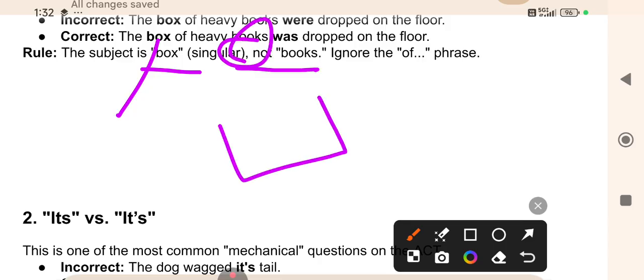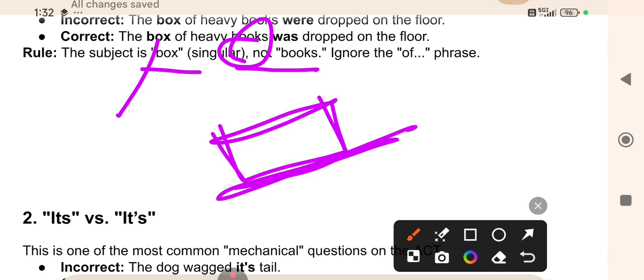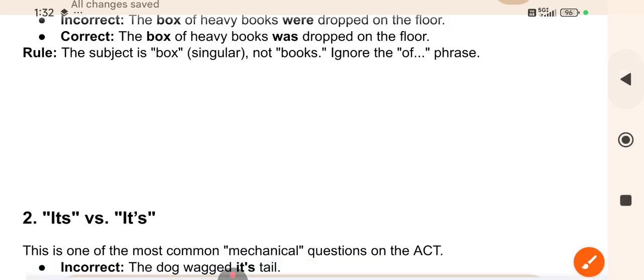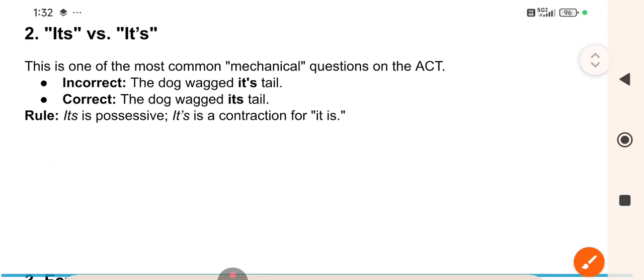But our subject is the box. Subject is the word which we are talking about or discussing. So here our subject is box, and that is why it will agree with a singular verb, that will be was. So please take it. That's a very common error which is often asked in exams.